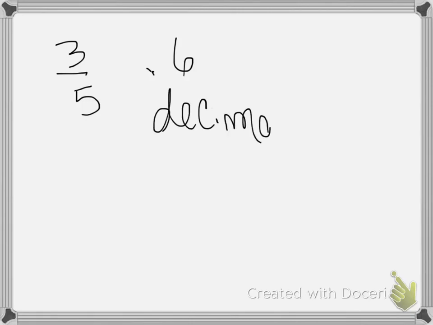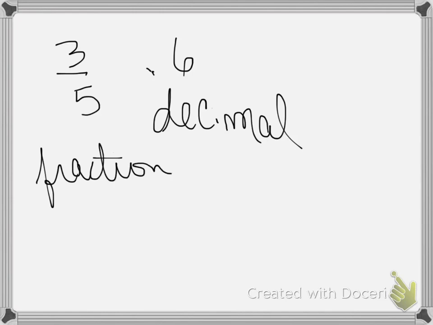Okay, so now how do we change that to a percent? So we see 3/5 as a fraction. We have 0.6 as a decimal. So what is the percent? Very simple. To change a decimal to a percent, you simply move the decimal 2 places to the right. Let me change the color a little bit. So we're going to move this decimal 2 places, 1, 2.